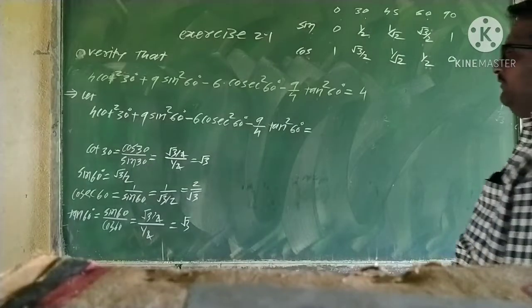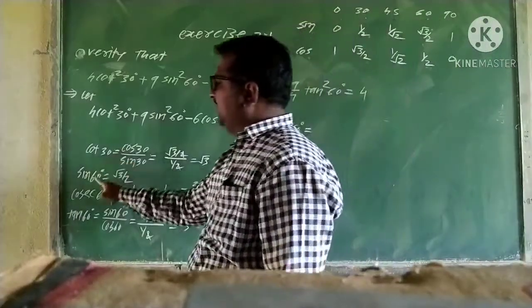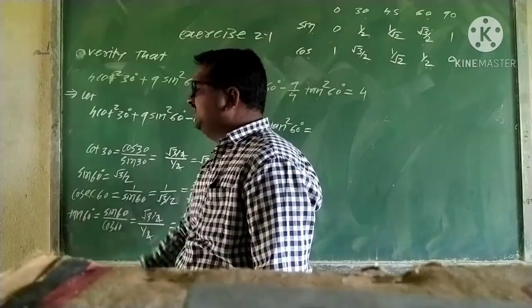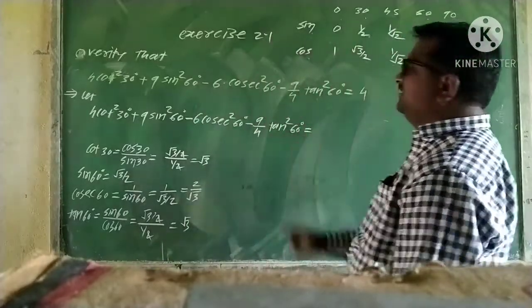Now we can put in the values of cot of 30, sin of 60, cosec of 60, tan of 60 in this problem.